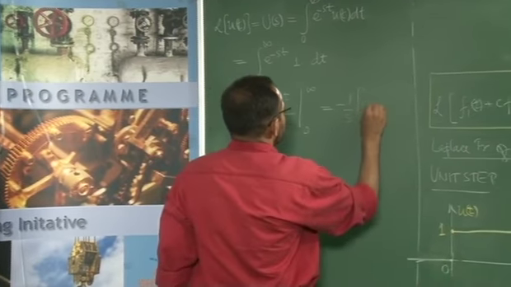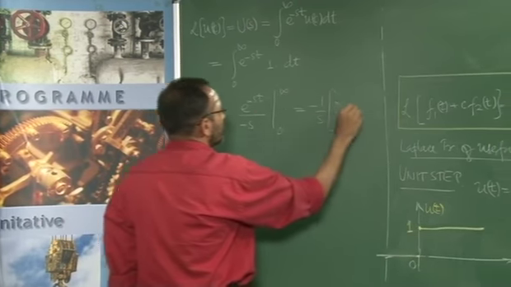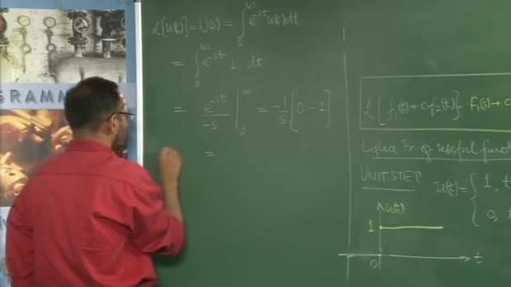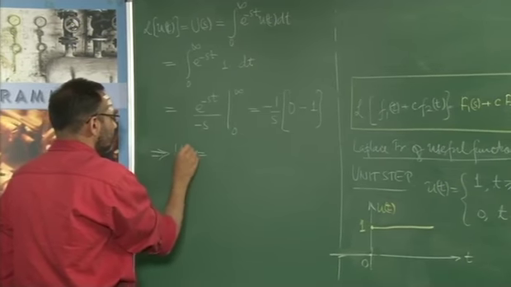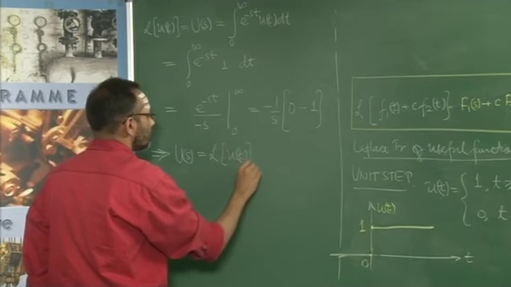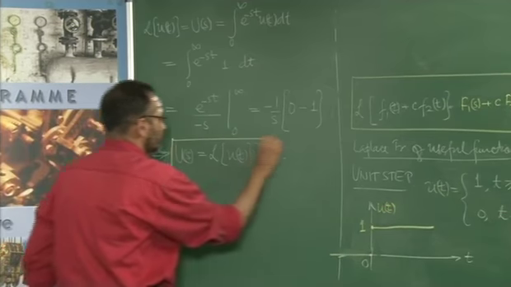So, it turns out to be 0 at the upper limit, and when t goes to 0 it becomes minus 1. So, that is the same as U of s equal to L of u of t, which is 1 by s. So, this is a very important result for us.